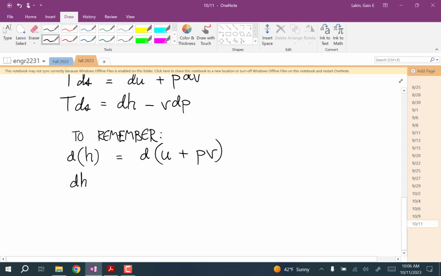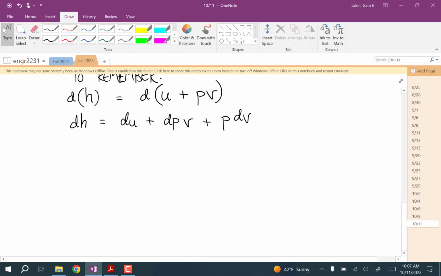So you get dh is equal to du plus dp times v plus p times dv. And then rearrange this as dh minus v dp equals du plus p dv. And then both of these are equal to T ds.